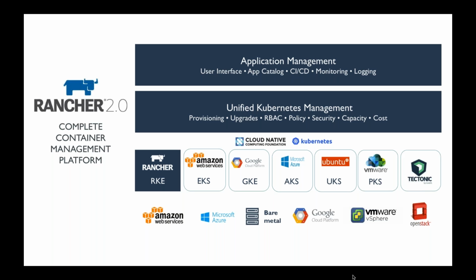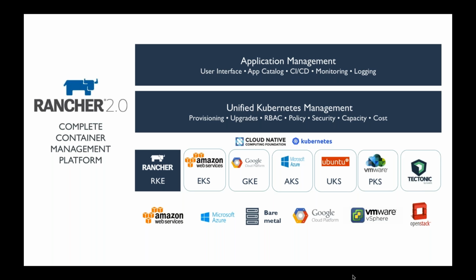Now, all of these features, while implementing them, Rancher makes use of the native Kubernetes platform. So all of this is resting on the native Kubernetes platform. Then Rancher 2.0 will pretty much run everywhere with anything you want.